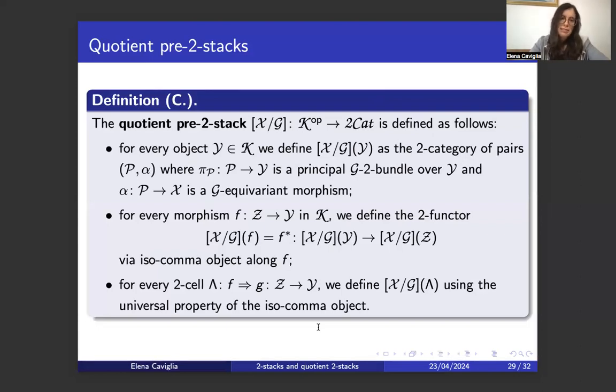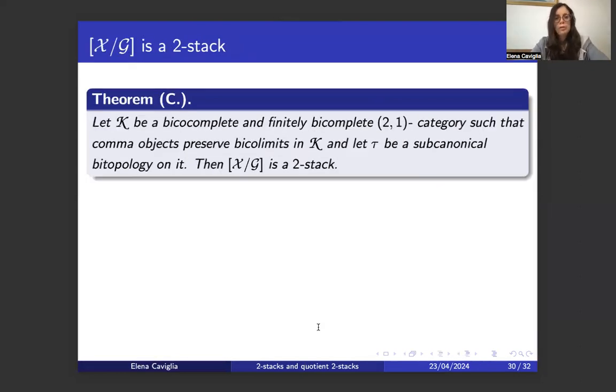And then I managed to prove that if the 2-category is nice enough, and by nice enough, I mean bicocomplete and finitely bicomplete, and such that coproducts preserve bicolimits. And if you notice, these are exactly the conditions that we had in dimension 1.